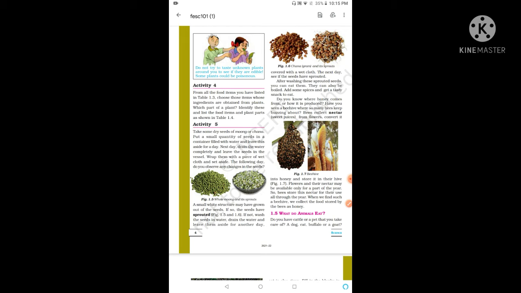Do you know where honey comes from or how it is produced? Have you seen a beehive where so many bees keep buzzing about? Bees collect nectar, means sweet juice from flowers, convert it into honey and store it in their hive. Figure 1.7.